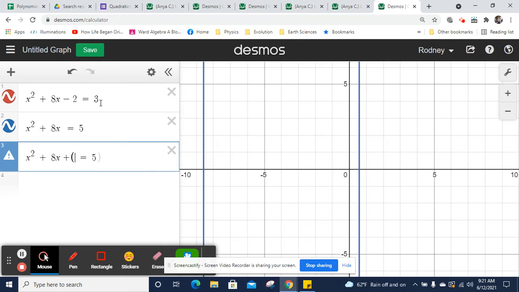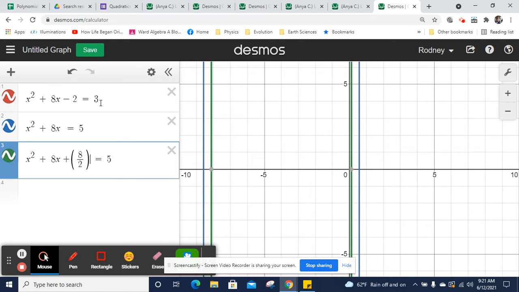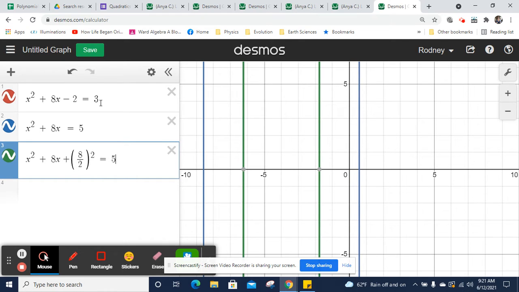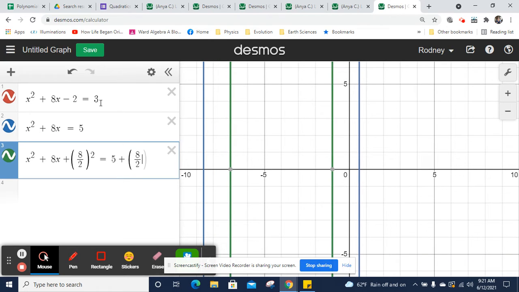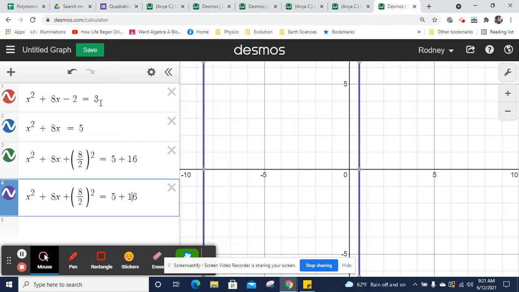So plus 8 over 2 squared and plus 8 over 2 squared. Now 8 over 2 is of course 4, and 4 squared is 16, so we'll just call it that there. And I'm going to turn that into a 4 and simplify 5 plus 16. 5 plus 16 is 21.